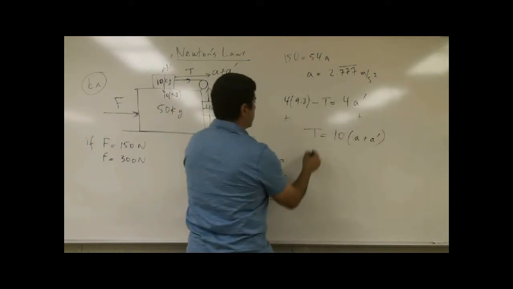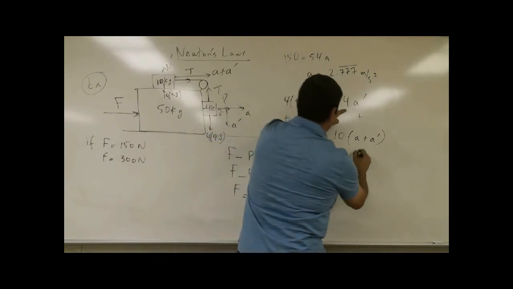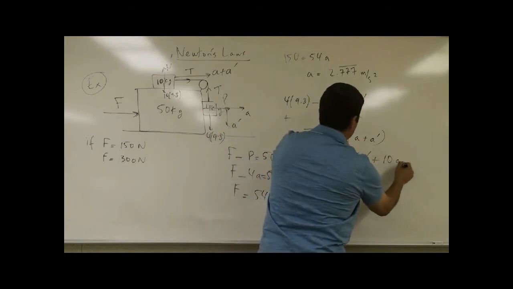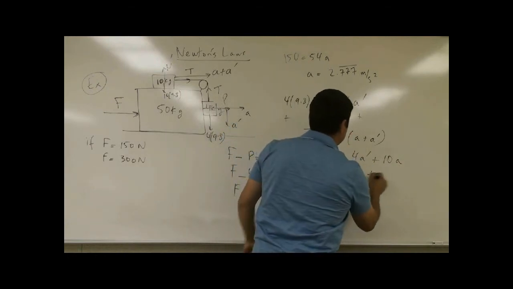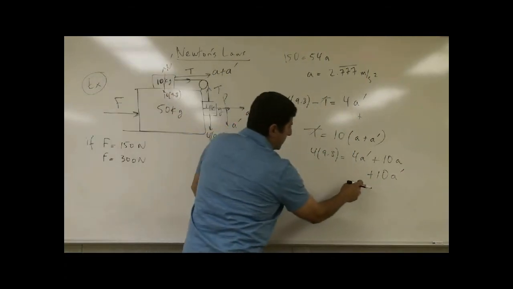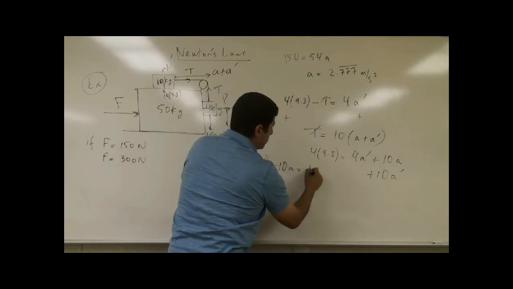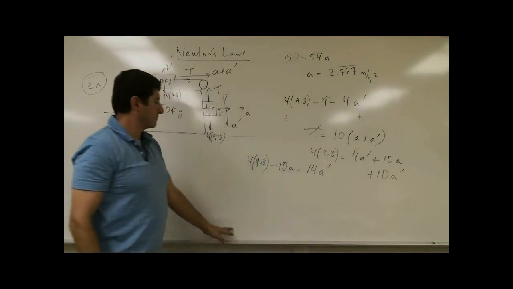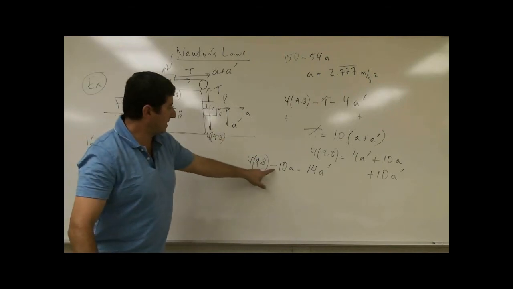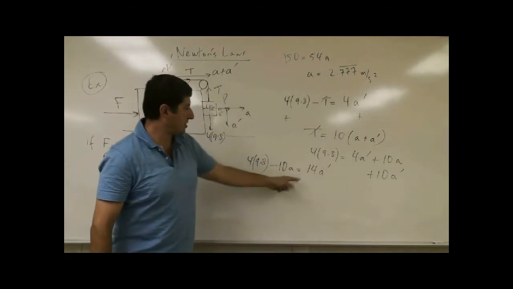We add these two, we get what? The T drops. 4 times 9.8 is equal to 4A prime plus, and then distribute this in, 10A, and then distribute the 10 into that, 10A prime. Okay? And then the 10A comes to this side, minus 10A is equal to 14A prime. 4 times 9.8 is the weight of this, minus this portion, 10A, which comes here, and then this is 14A prime.